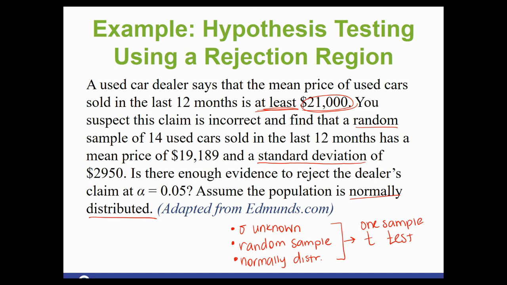At least is going to be that greater than or equal symbol. So that's going to be your claim. It's always the one that matches the wording of your problem. We have a random sample of 14. So that's your sample size. You have your sample mean and your sample standard deviation, and you are given your alpha.